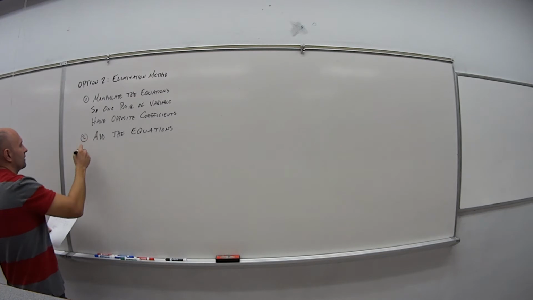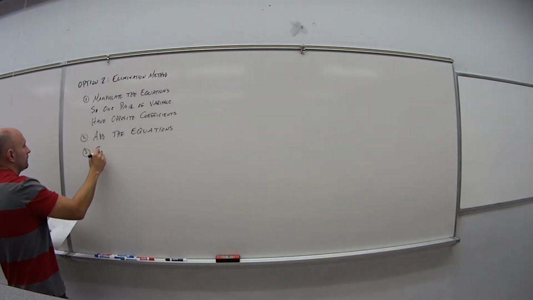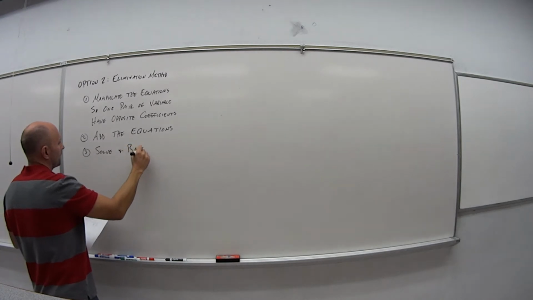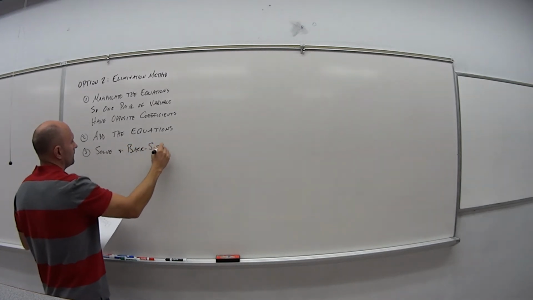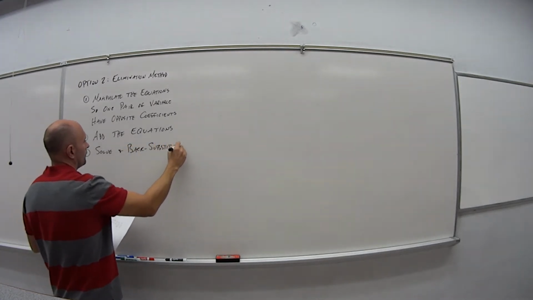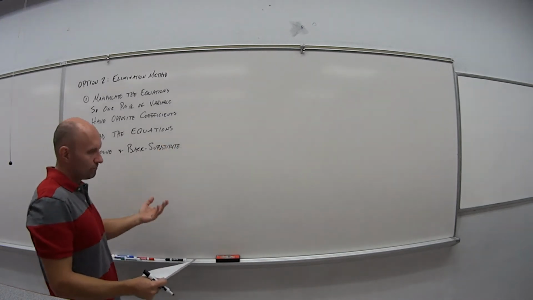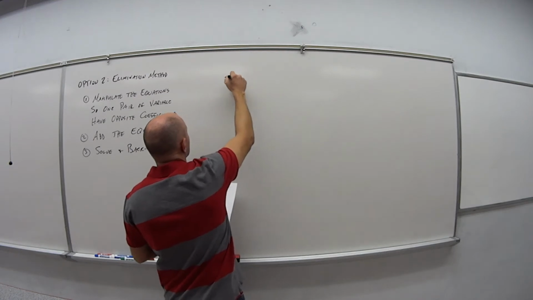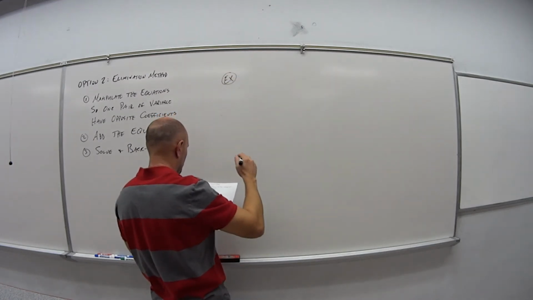So once I add the equations, I'm going to solve, and then as before, I'm going to back substitute. Once I get one variable, solve it, use it in one of the other equations to get the remaining variable.